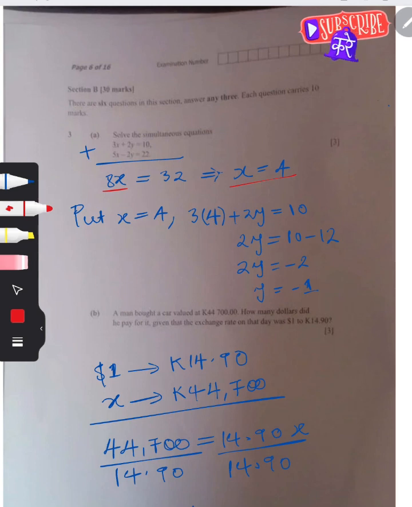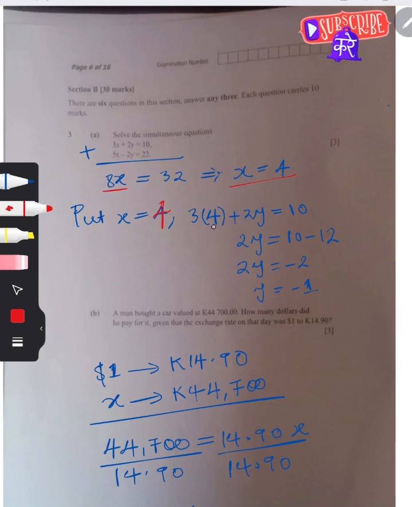Now, mostly it is advisable, if you choose to use elimination method, to repeat elimination method on the other variable. But if you are sure with your previous step, you can just use your answer from the first step to substitute in any of the equations. Okay, so we can put x as 4 in the first equation.